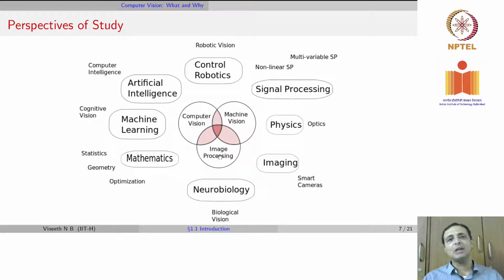Regarding computer vision and machine vision, this is a little bit trickier. This is more in terms of the legacy of how these words developed. Machine vision was one of the popular terms used in the 80s and 90s when computer vision systems were used in industry automation. So today when you say machine vision, you often talk about vision systems that are deployed as part of a larger machine or an industry system.